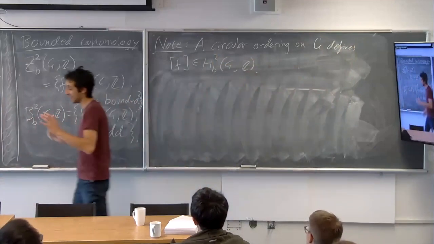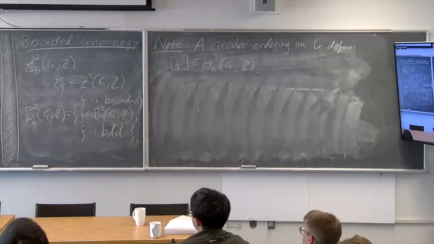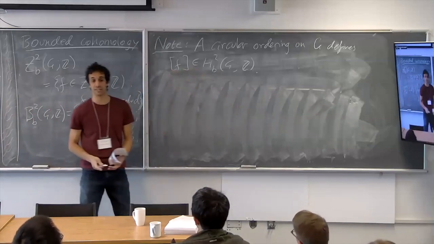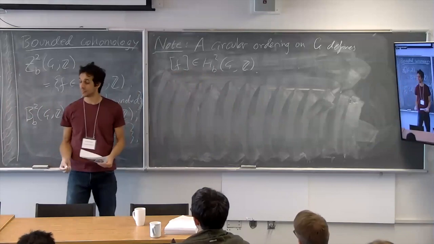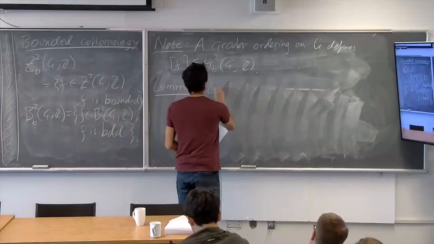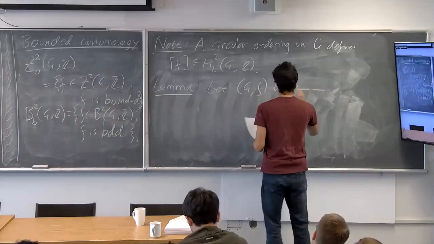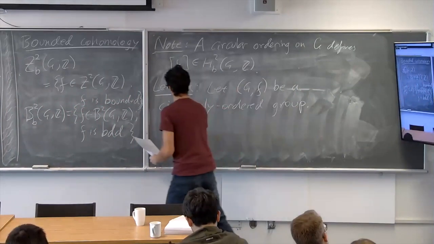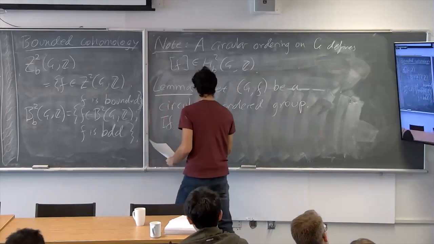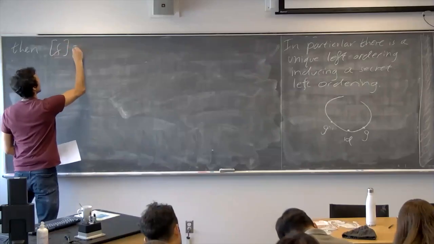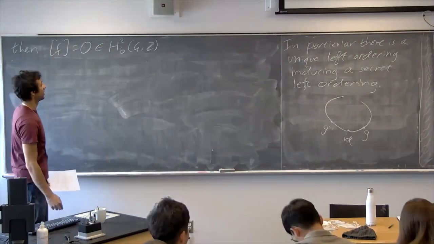So now let's ask, what can we say about a circular ordering, knowing what its cohomology class is in bounded cohomology? So here's the first thing I want to prove for you. Let G, C be a circularly ordered group. If C is a circular left ordering, then C is 0 in bounded cohomology. Let's just prove this thing.